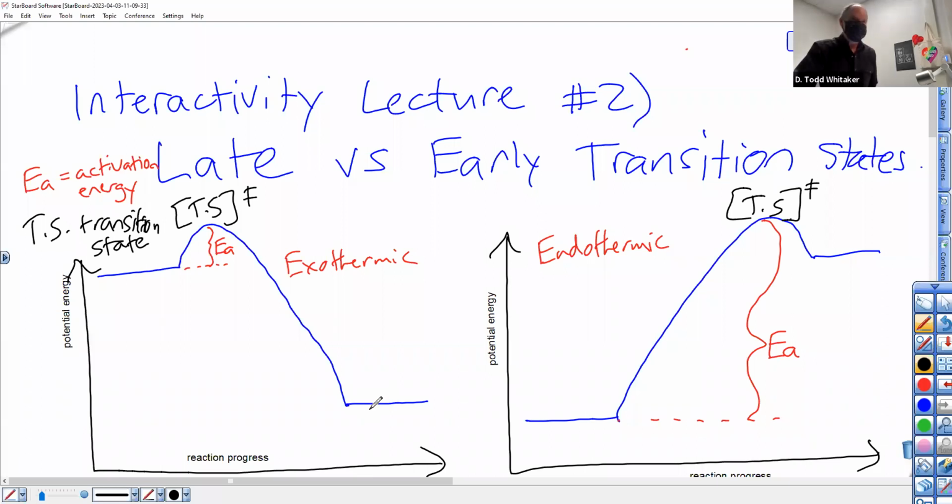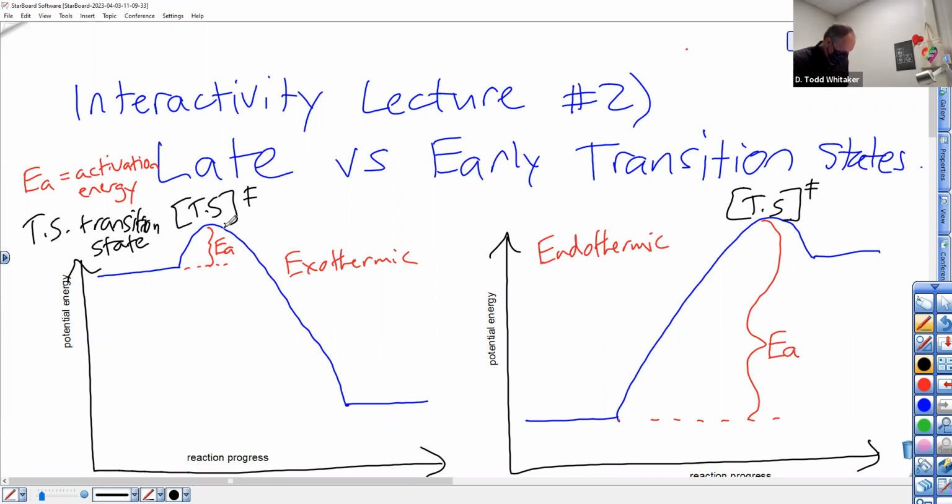It's much closer to the energy of the reactant, and that's why I drew the transition state box closer. It's on the left, isn't it? Left of center in the diagram, a little bit. Well, it's definitely closer to the reactant.